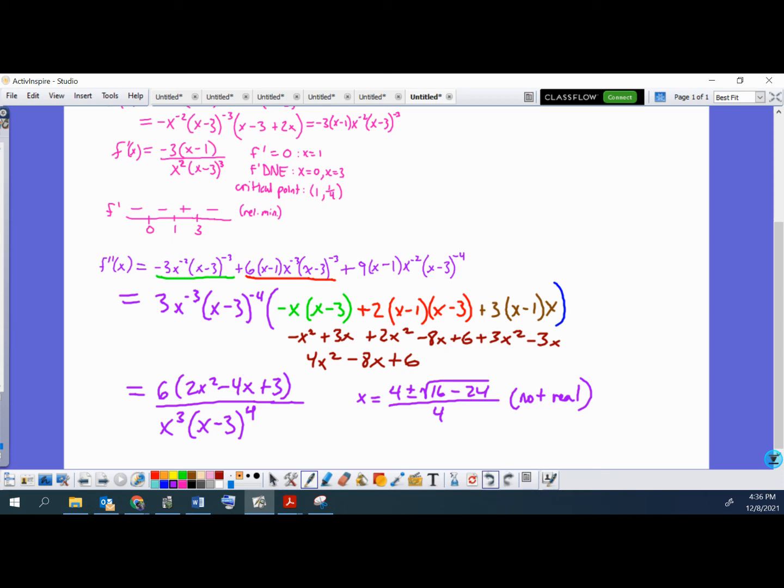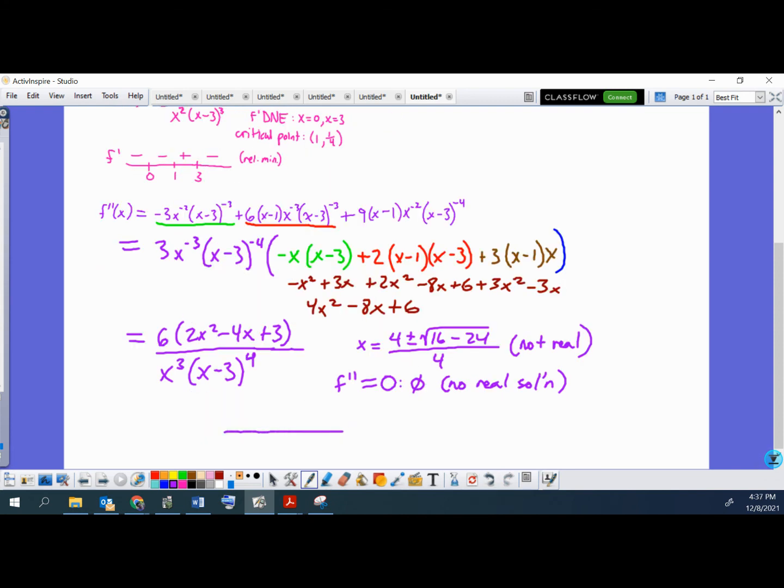It means f double prime equals 0 has no real solutions there. Specifically, we're only looking at real stuff here. And then the only other solutions here are just the ones we already knew about, 0 and 3, those vertical asymptotes. So you don't have to make a big deal out of them.